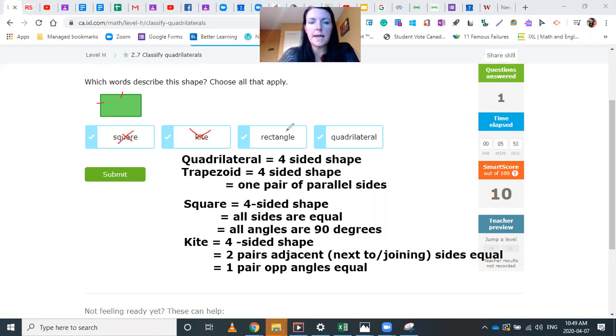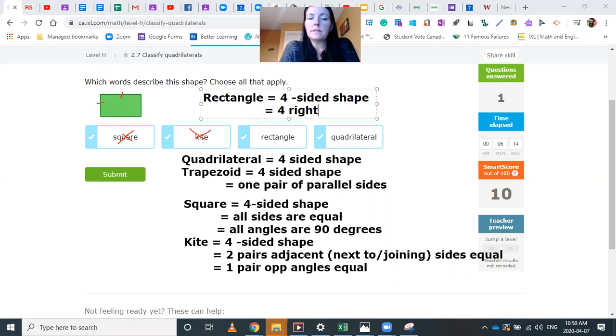Let's look at a rectangle. Let's add some definitions here. See if there's a bit of space over here. A rectangle is a four-sided shape. You will also see in a rectangle four right angles.